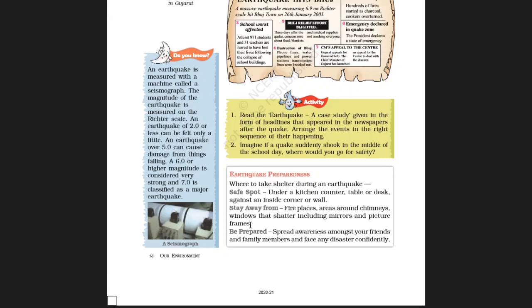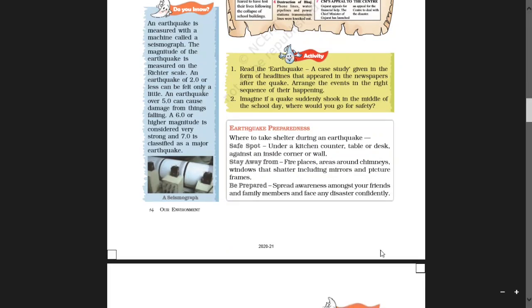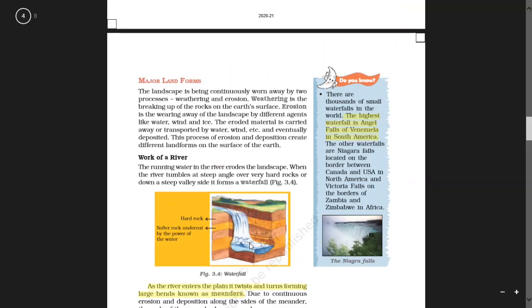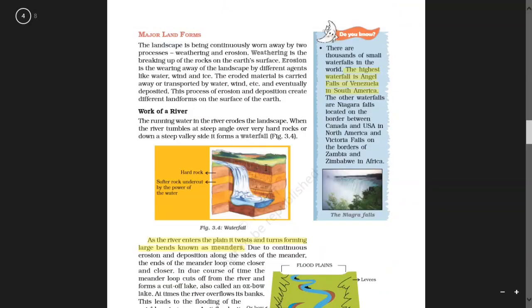Then be prepared, spread awareness amongst your friends and family members and face any disaster confidently. So you have to prepare yourself. Spread this awareness among your friends and family members, and face disasters in a self-assured way. These are the preparedness measures which are necessary here.